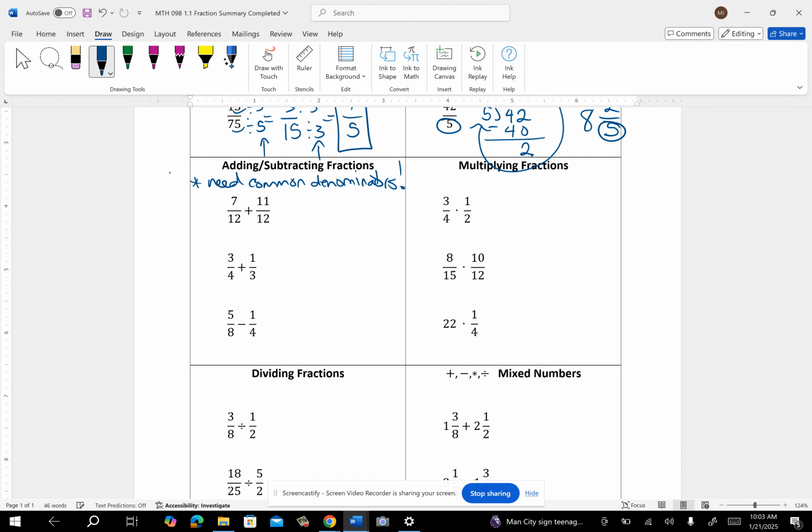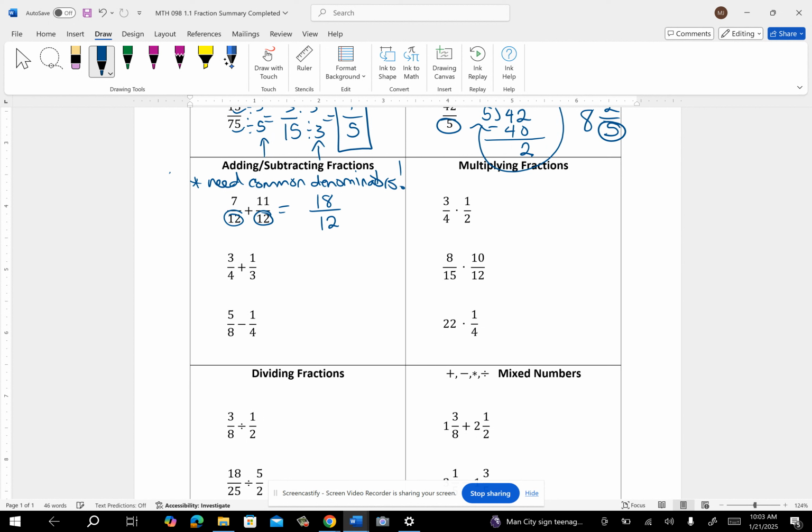Got to get common denominators. So on the first problem, this is 7/12, this is 11/12. They're already the same type of thing that you're adding. So you're just going to be able to say 7 plus 11, which is 18, and it'll be 12ths.